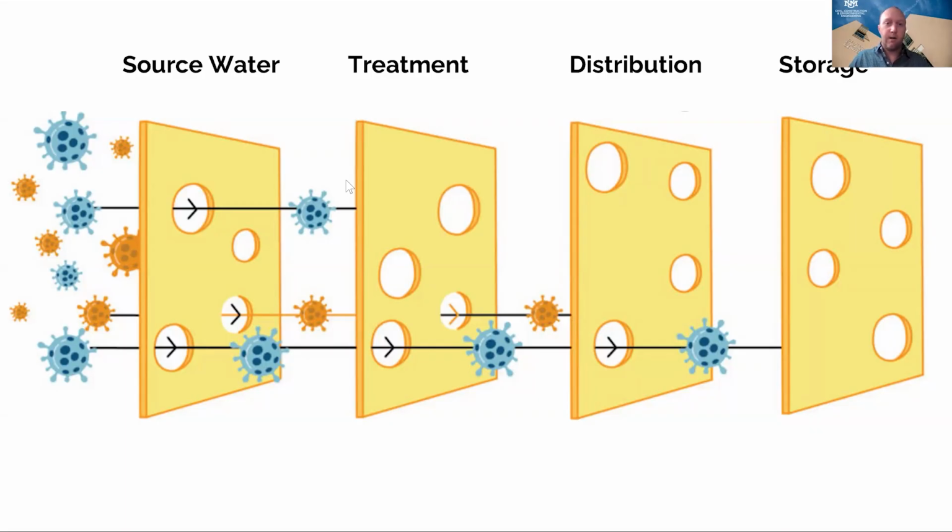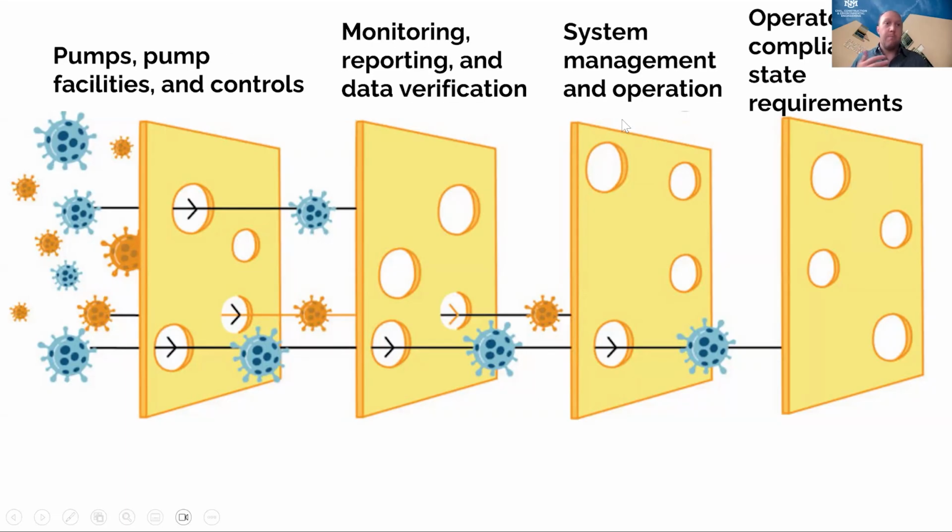And all of these different aspects of a water system, whether it's source water, treatment, distribution, and even pumps and pump facilities and controls, your monitoring and reporting requirements, your data verification, system management and operations, and then operator compliance with the state regulations, all represent barriers in delivering water safely to your customers.